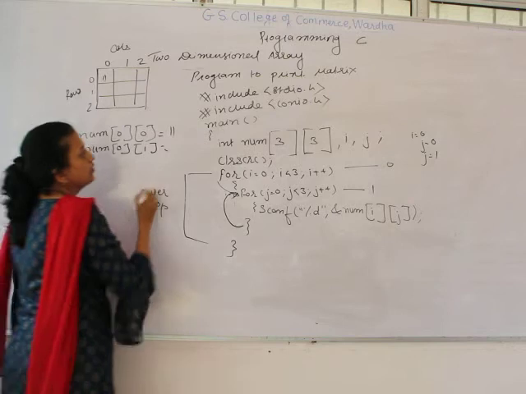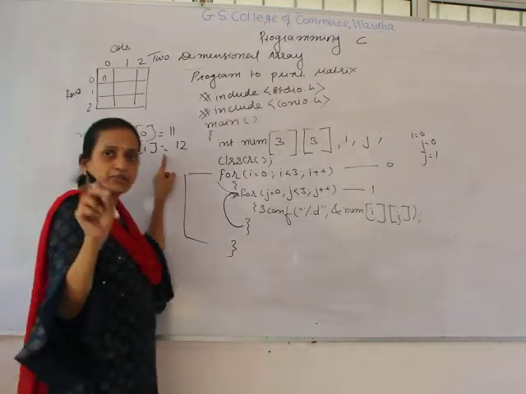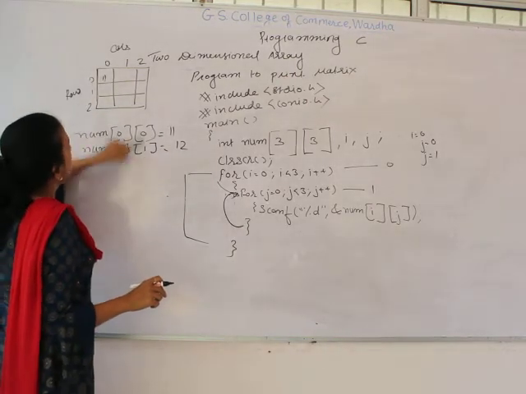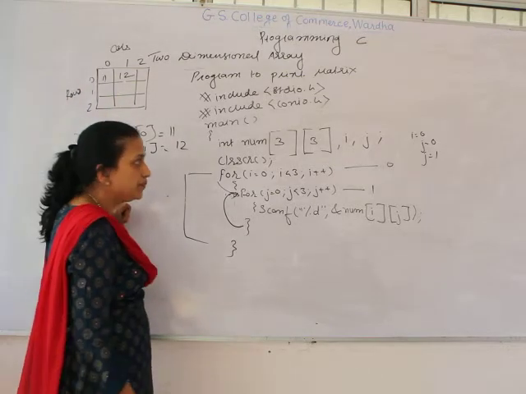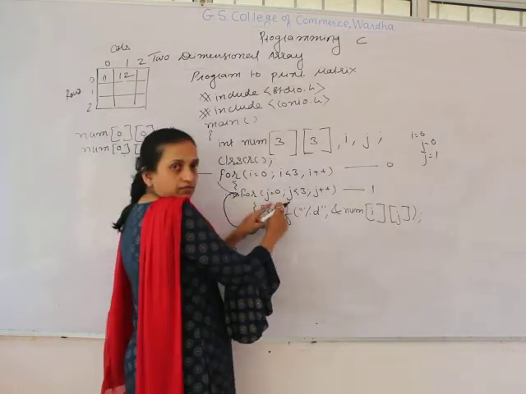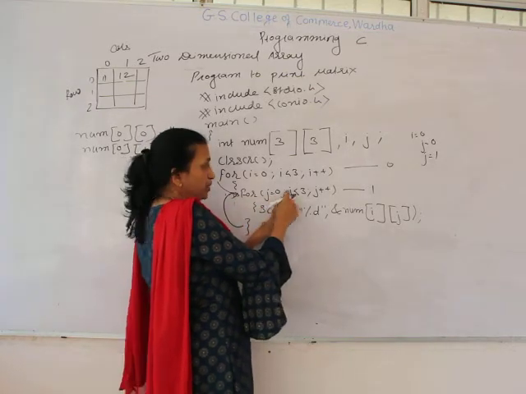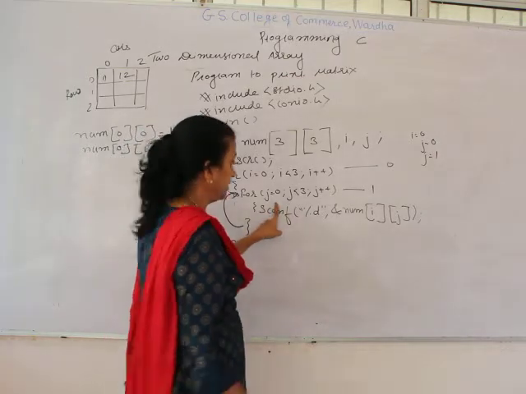Suppose I put 12 here. Suppose I inputted the value 12. So at 0 row and 1 column, 12 will be stored. Again we transfer the control to check the inner loop, because until it becomes false we will not move ahead.